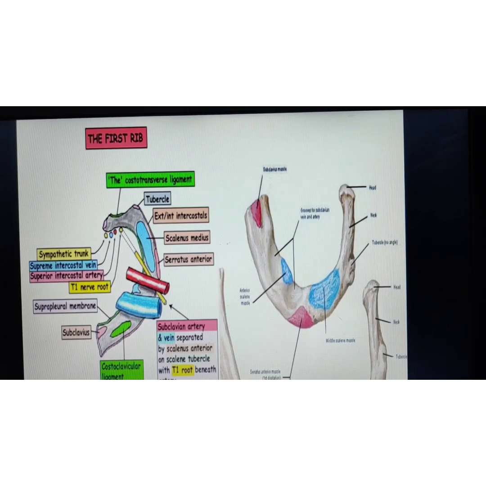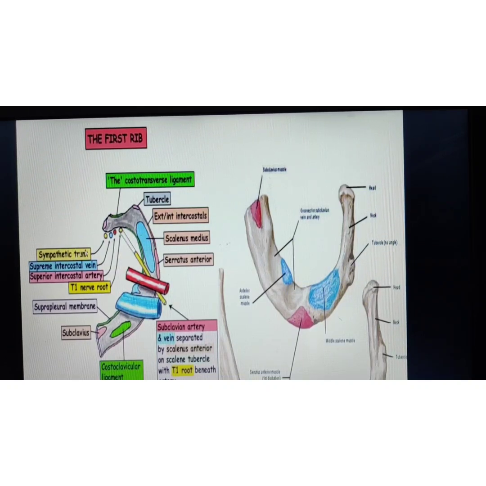The inferior surface of the first rib, which is not shown here, is smooth and it is related to the pleura and lung.